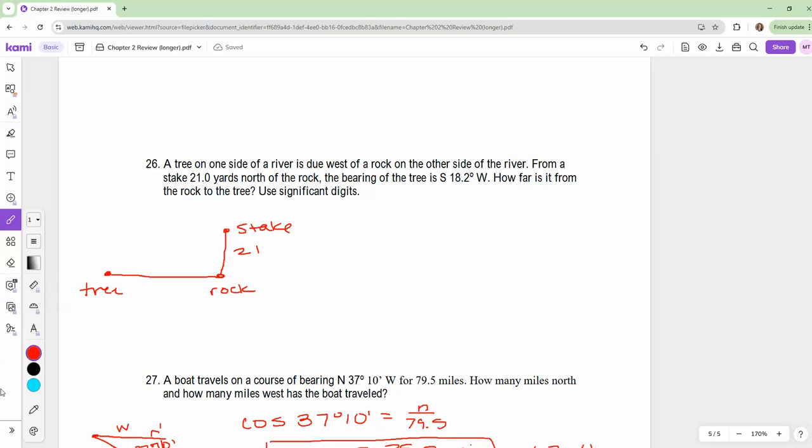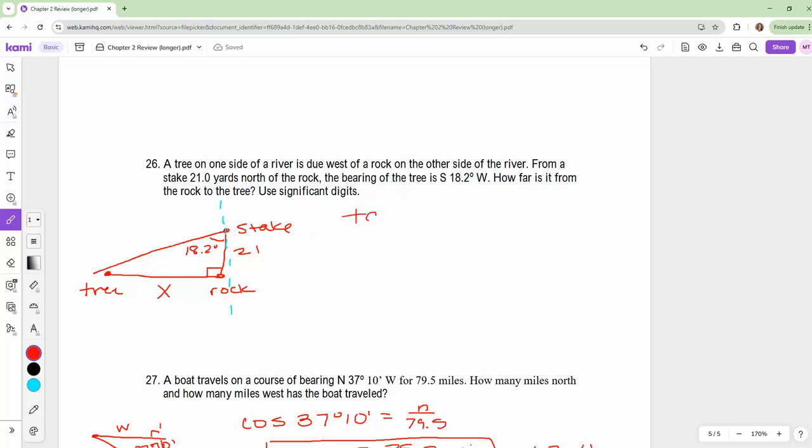From the stake, if I'm measuring bearing, we have to have a north-south line. So we're talking about the north-south line at the stake. The bearing of the tree is south 18.2 degrees west. So what I just gave you is this angle. How far is it from the rock to the tree? So we know this would be a right angle, so that's opposite and adjacent.